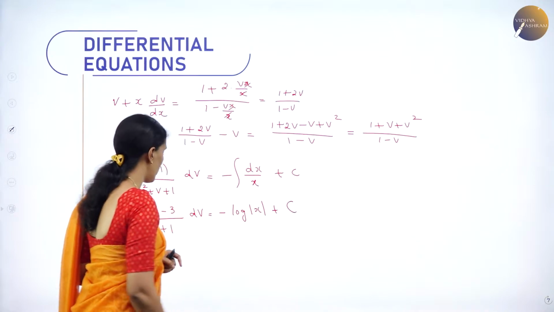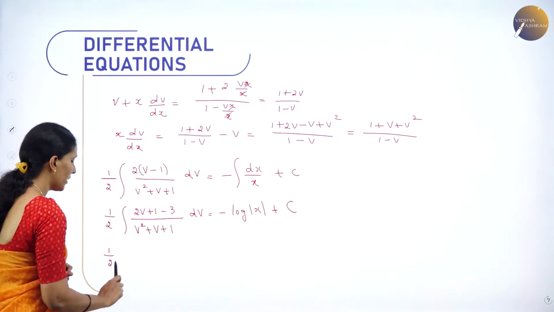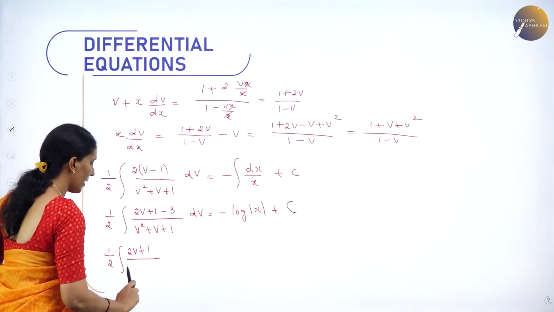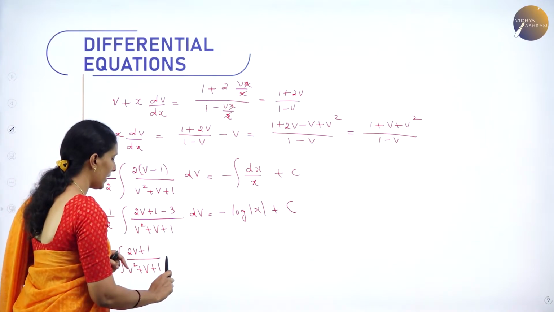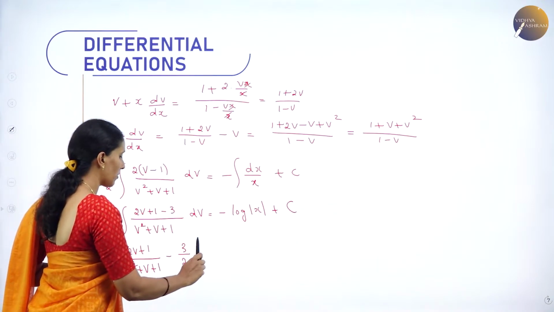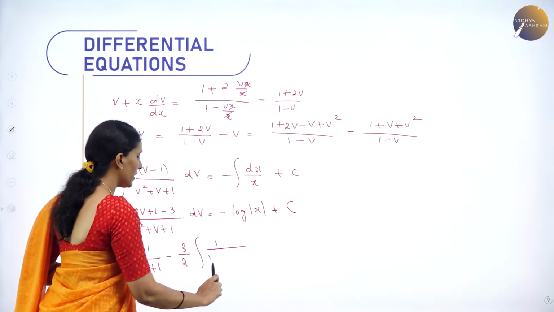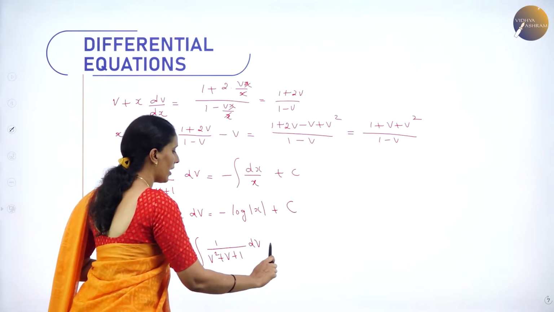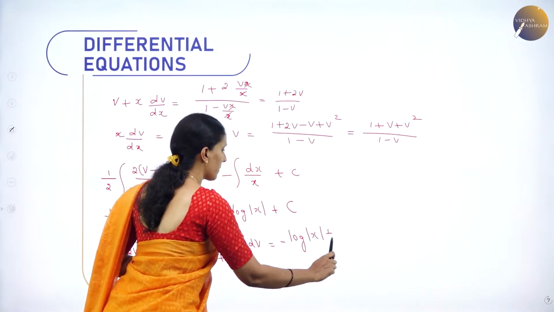plus integration constant. Here I will separate the variables, that is half integral of 2v plus 1 divided by v square plus v plus 1. Next I will take minus 3 by 2, that is half can be multiplied here also, integral of 1 divided by v square plus v plus 1 into dv, and on the right hand side we have log of modulus x plus c.